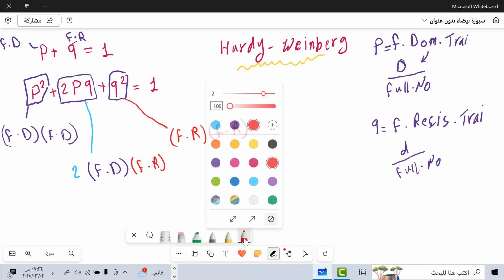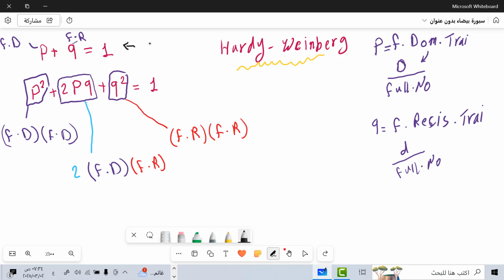But be careful. This equation is for alleles, and this equation is for genotypes.